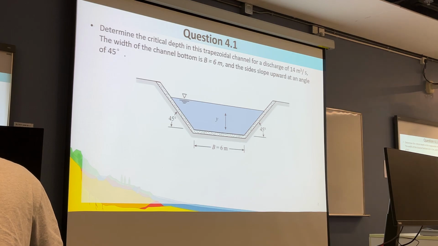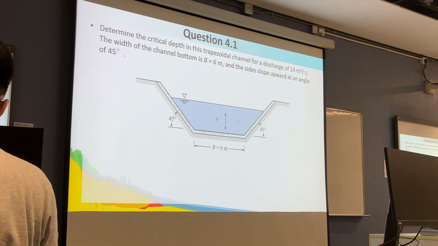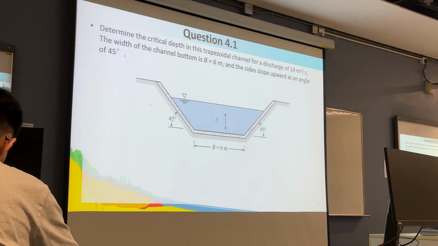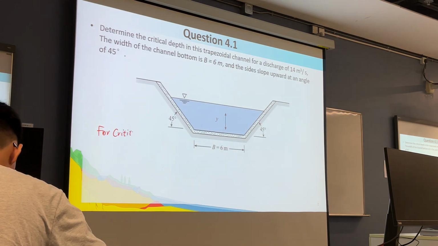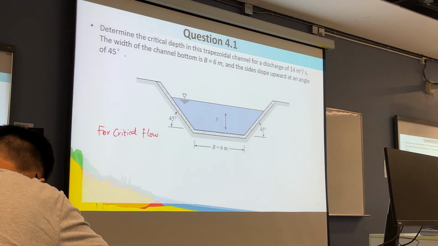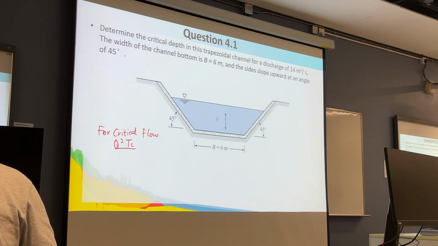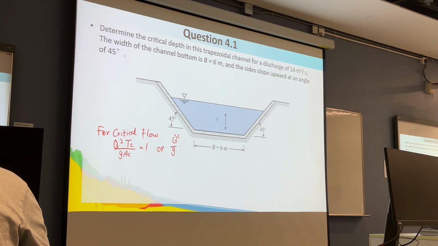Now, for the model answer, it gives us the calculations of the discharge, because for the critical water flow, the Q square TC, where TC is the top width, over the G AC cubed is equal to 1, or the Q square over G equal to AC cubed over TC.